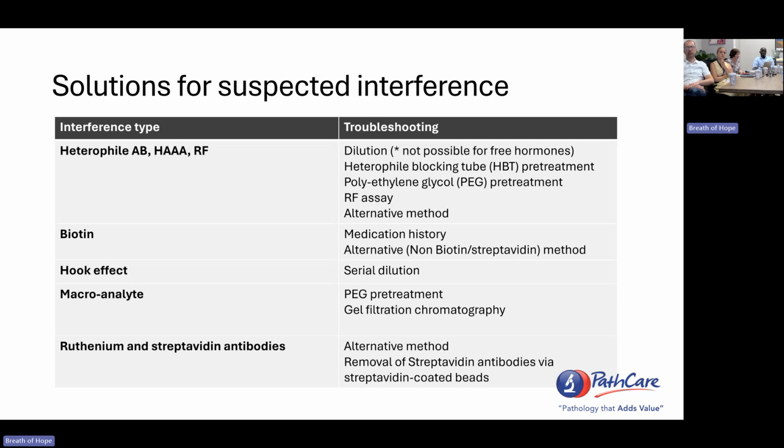For macroanalytes, we will do our PEG pre-treatment or the specific method, gel filtration chromatography. And then for ruthenium and streptavidin antibodies, one would look at an alternative method, and the antibodies for streptavidin can be removed with specific coated beads. This is not done very commonly, so you need to know what you are looking for.